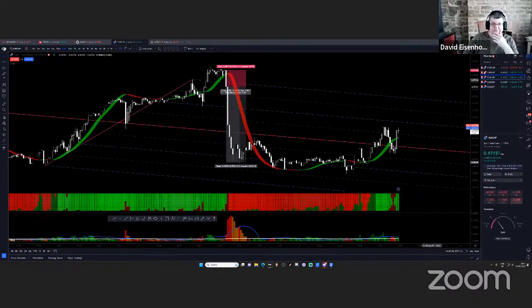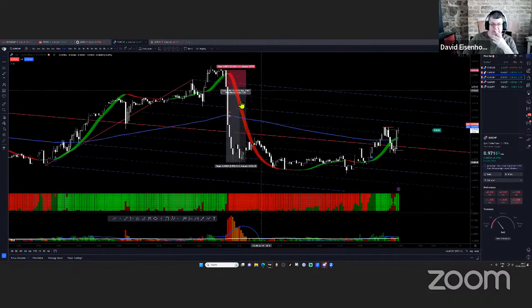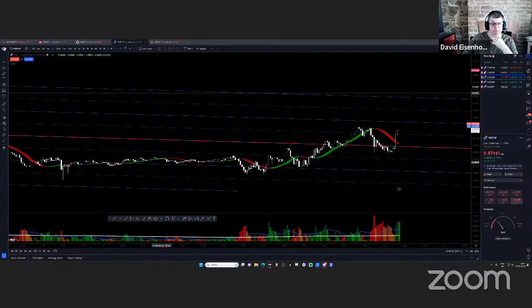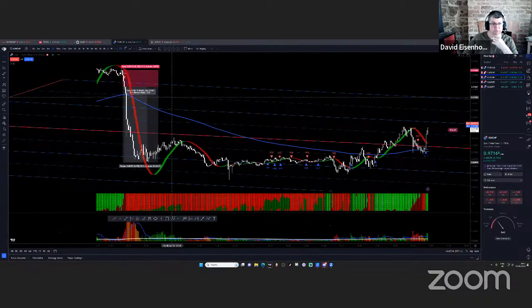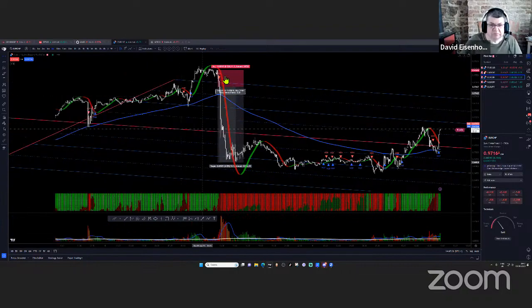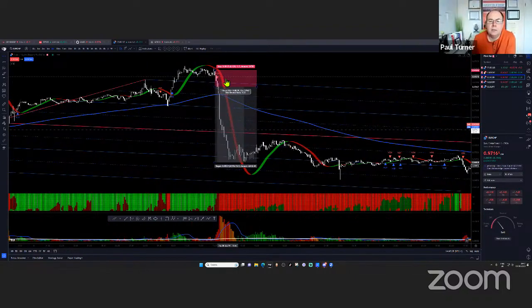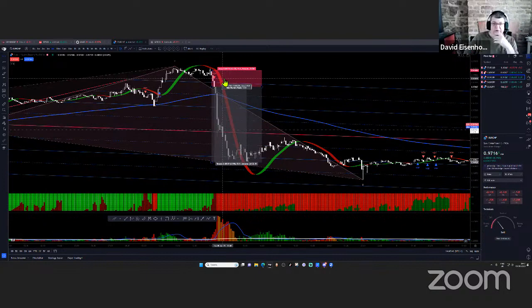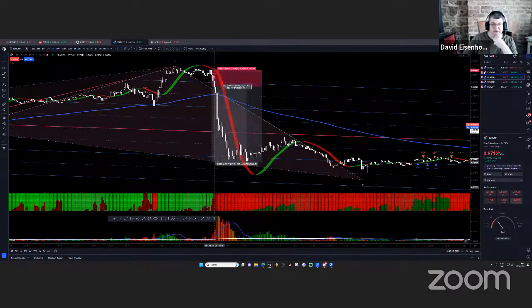Euro Chef. I believe I took this on the 5-minute one. Bigger stop loss there. Yeah, that was an 11.9 pip stop loss. But again, the criteria is the same.